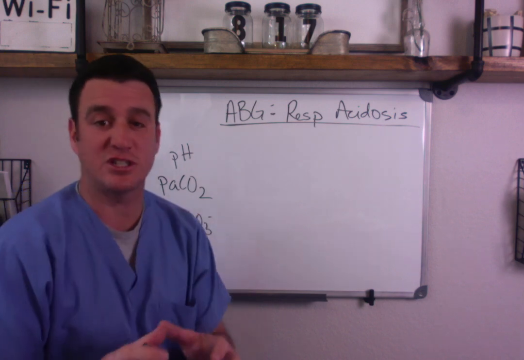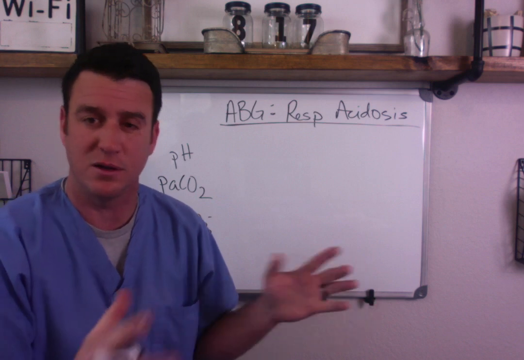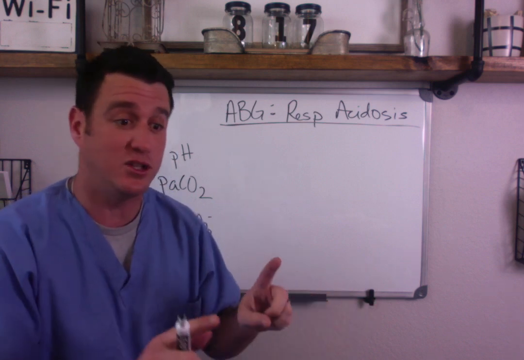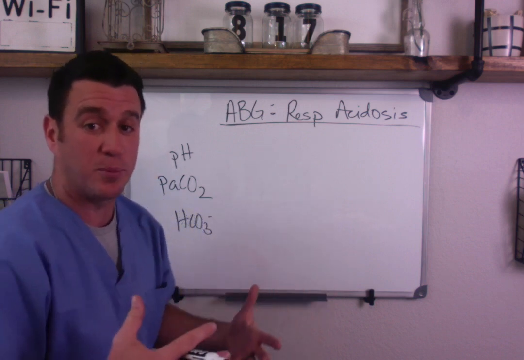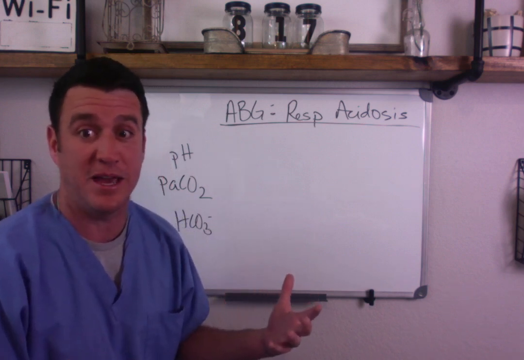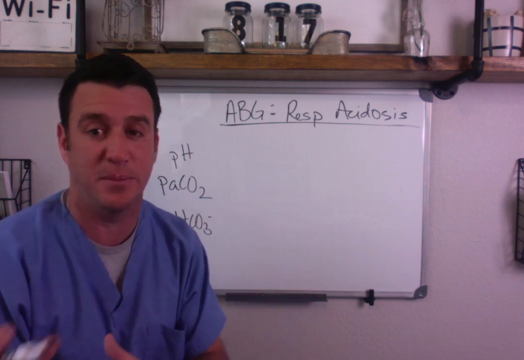I'm not even going to put oxygen in here because oxygen doesn't affect your pH balance, okay? It can drive your drive to breathe to push CO2 up or down, but it doesn't affect the actual interpretation, okay? So if you're wondering why there is not a PaO2 on there, it's because it's interpreted as a secondary part of it.